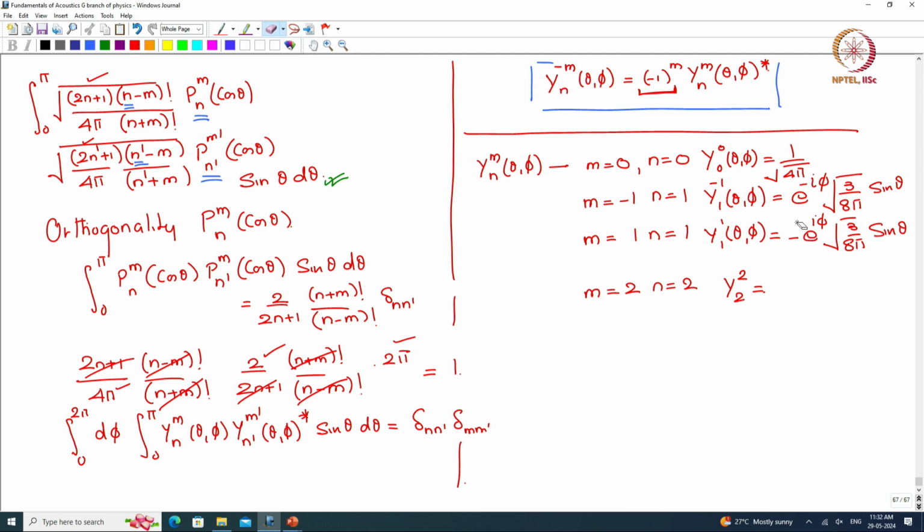I have a conjugate here, so I have to take care of it. So this conjugate becomes plus.